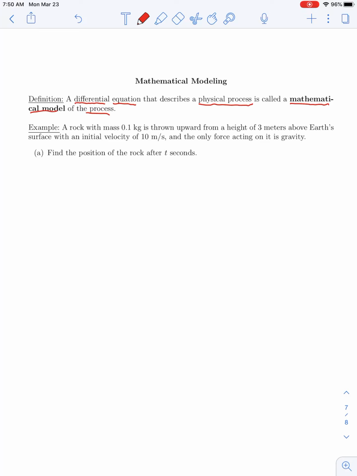So let's think about what we could do to find our position. What we are given here is the only force or the only acceleration acting on our rock is due to gravity. So we know here that the acceleration of our object, this rock, at any time t is going to be the acceleration due to gravity, which we typically denote as lowercase g. And gravity is acting in a downward direction on our rock.